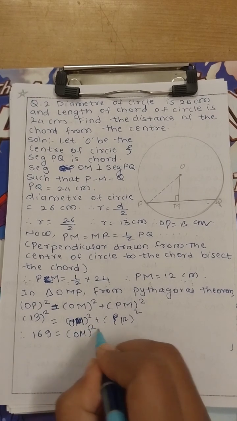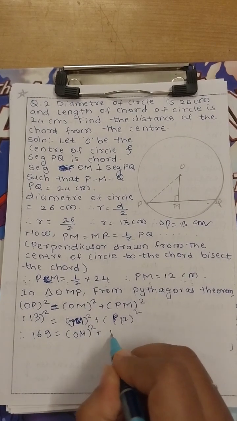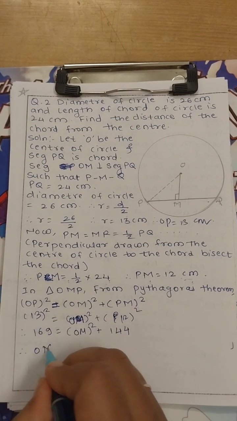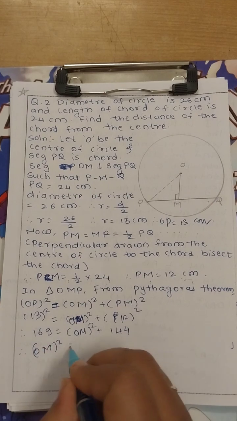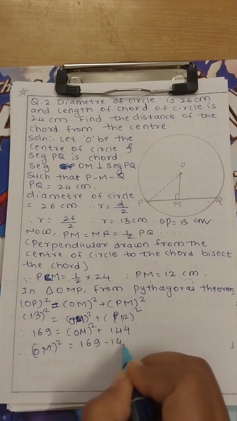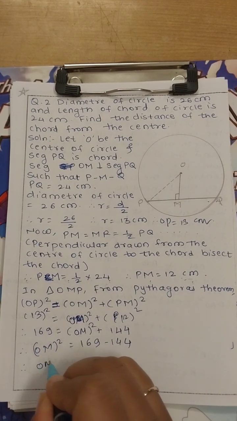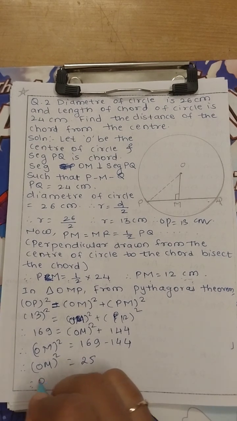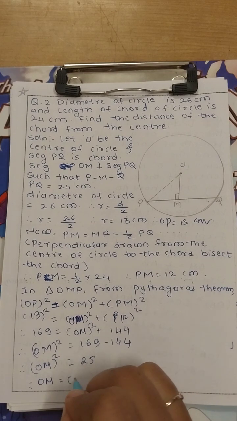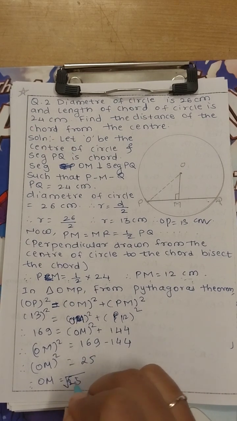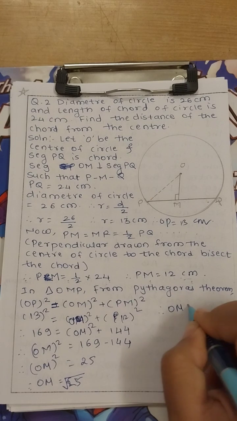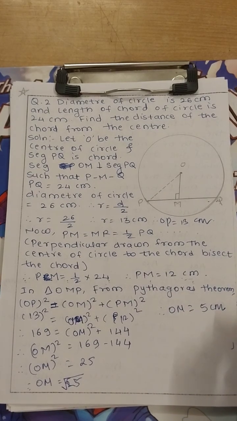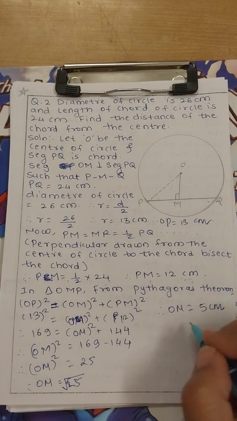OM square remains as it is, plus 12 square is 144. Therefore OM square is equal to 169 minus 144. Therefore OM square is equal to 25. Therefore OM is equal to square root of 25. OM is equal to 5 centimeter.